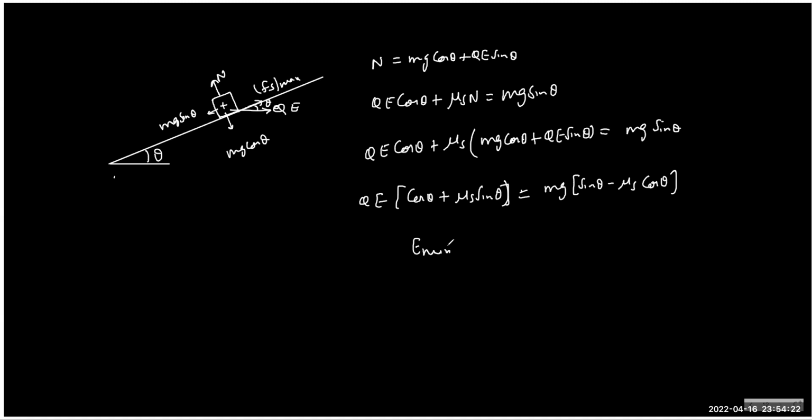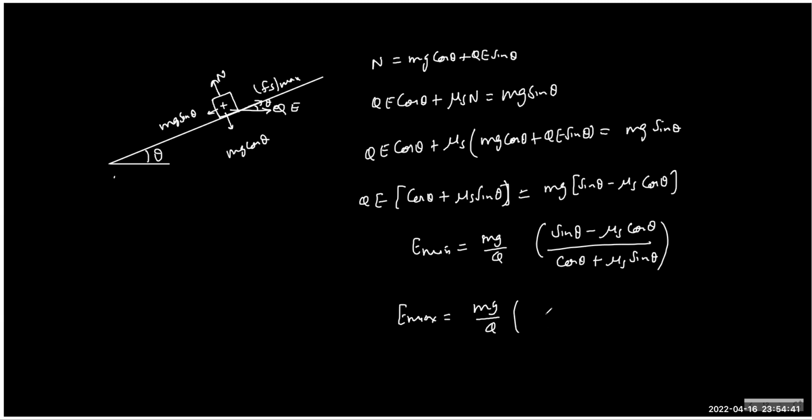So the E minimum turns out to be mg upon q into (sin theta minus mu s cos theta) upon (cos theta plus mu s sin theta). And similarly, the E max will just change the sign.